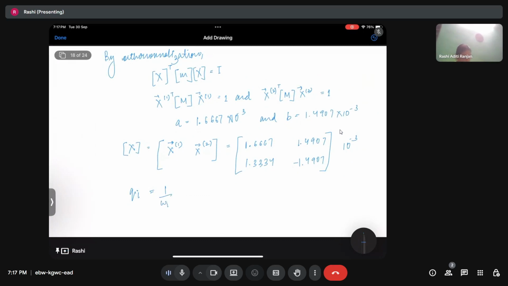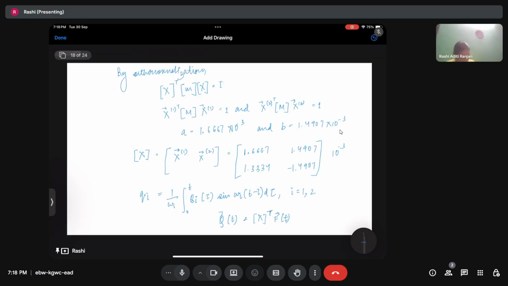So small qi is going to be 1 by omega i, integration from 0 to t. For now, we are not considering what kind of forcing there is, we are just considering from 0 to t. And then we have Qi of tau sine of omega i (t minus tau) d tau for i equal to 1, 2, where Qi is given in terms of x transpose into f of t. Now x transpose we can find out, and f of t we already know.